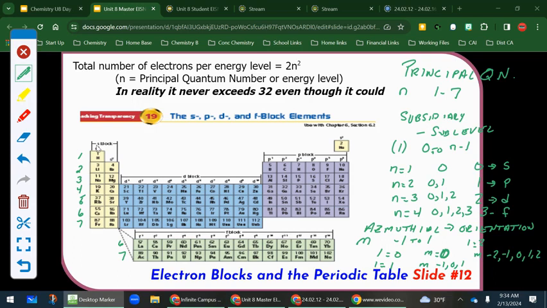Now, it is entirely and completely up to you, ladies and gentlemen. But it might be a good idea on a periodic table. Let's find one from before.